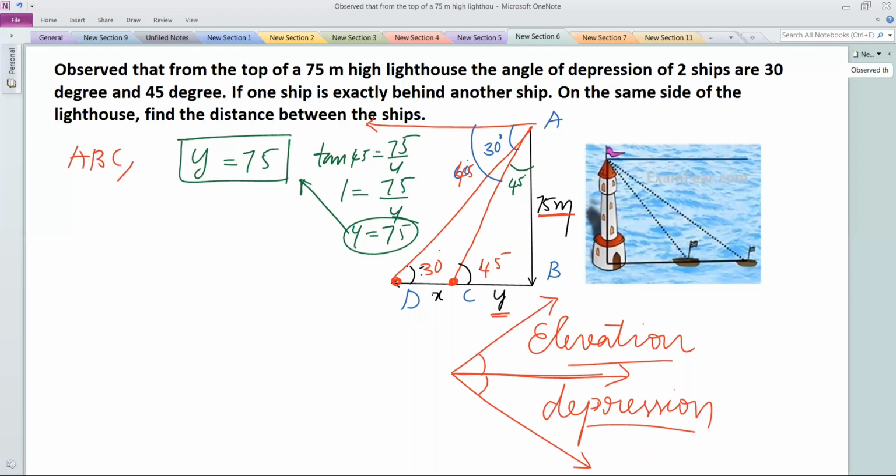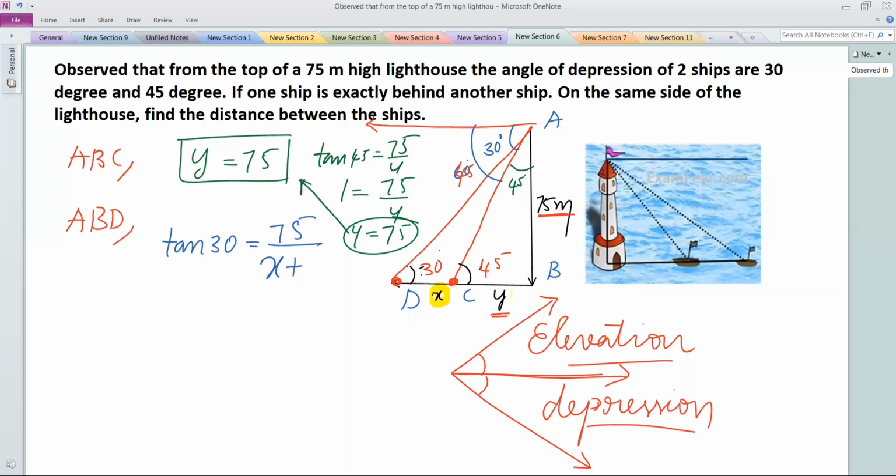Next we shall go with one more triangle, that is triangle ABD. In triangle ABD, see here, the opposite side is already 75. The angle is 30, so we have tan 30. Adjacent, you observe here guys, is not one side, it is the sum of two.